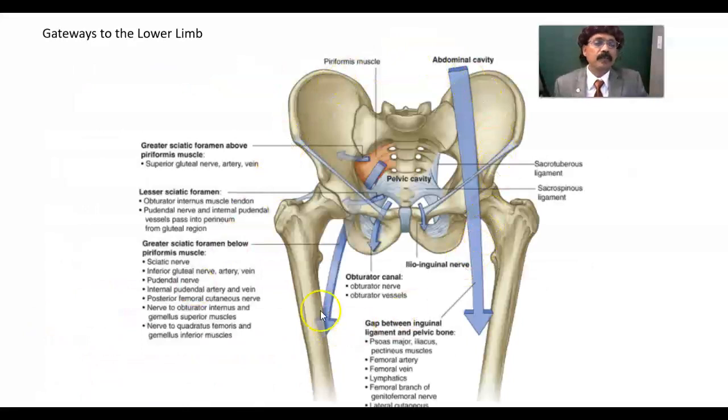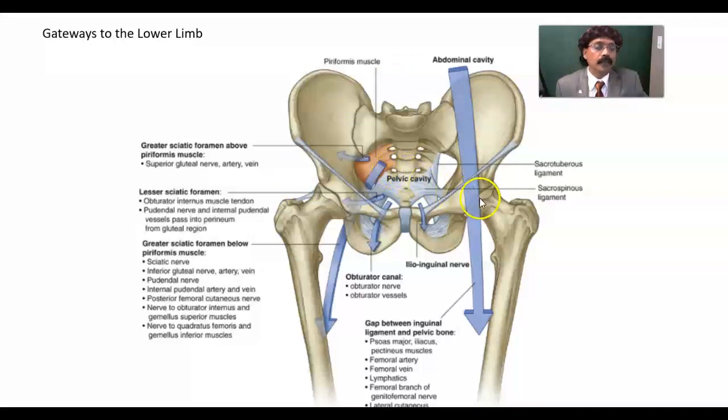Okay, this image is very important to us. Everyone should know this has been taken from Gray's Anatomy for Students. Everyone should know what structures pass underneath the piriformis and what structures pass above the piriformis.